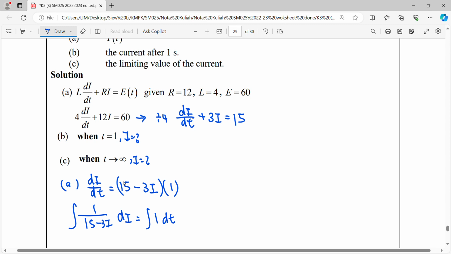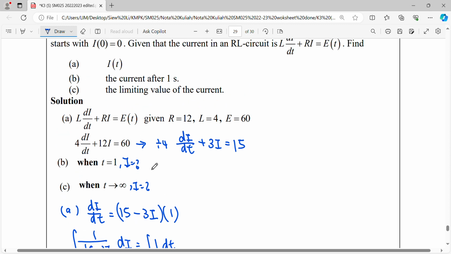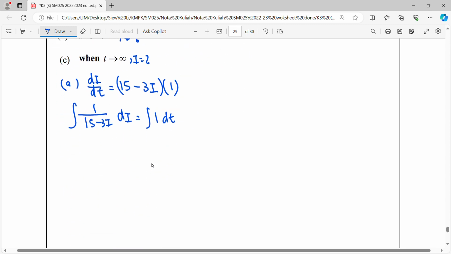Then we integrate both sides to find out what is your solution here. So to integrate this fraction, we get ln. And then this denominator here is linear, so we divide by the coefficient -3. Then integrating 1 gives t plus c.